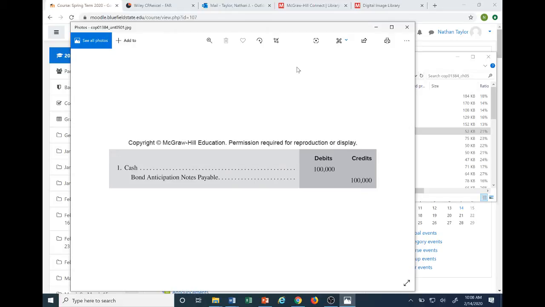It says the following case illustrates representative transactions of a capital projects fund. So we're going to assume that early in 2020, the Village Council of the Village of Riverside authorized an issue of $1.2 million of 8% 10-year regular serial tax supported bonds to finance construction of a fire station addition.